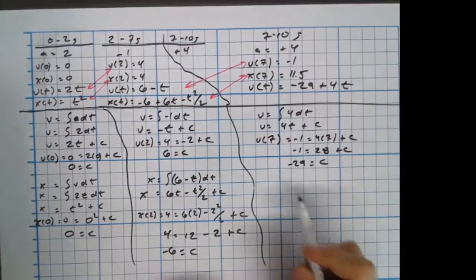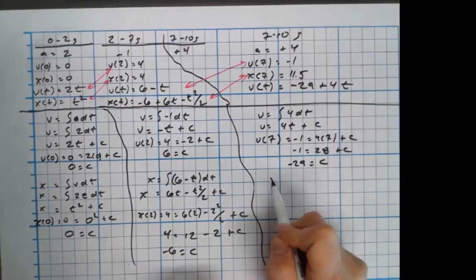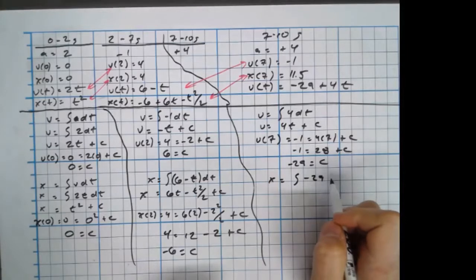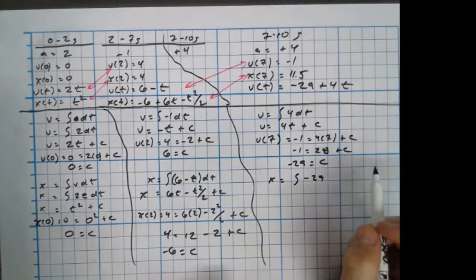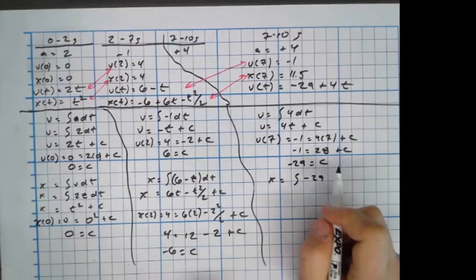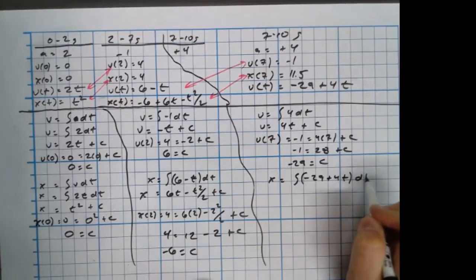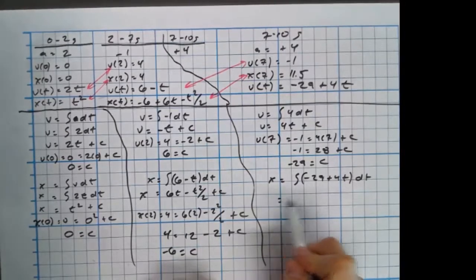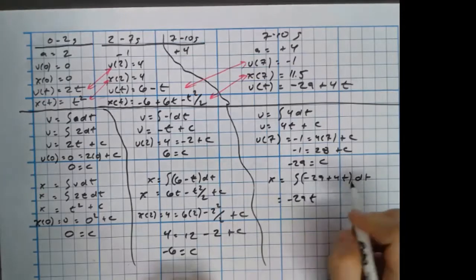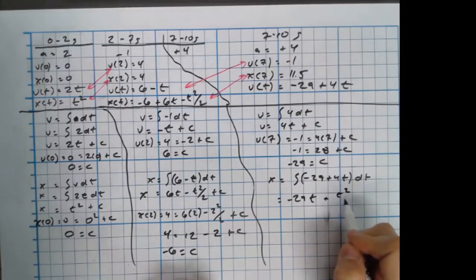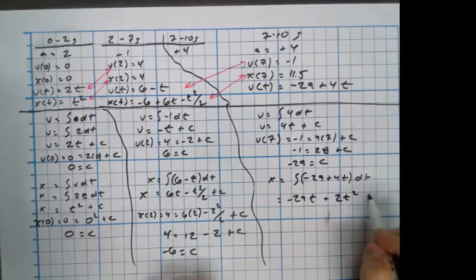We're almost there. I've got to get the position function that goes with this. So I have to do x equals the integral of -29 plus 4t dt. That's -29t plus 2t squared plus a constant.